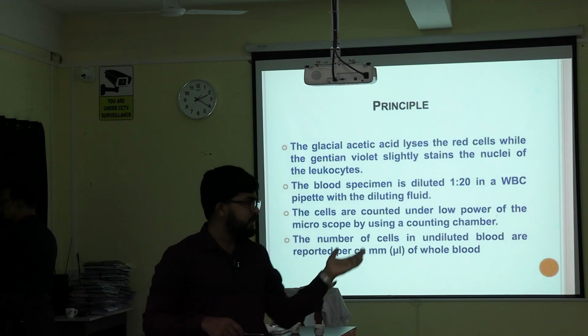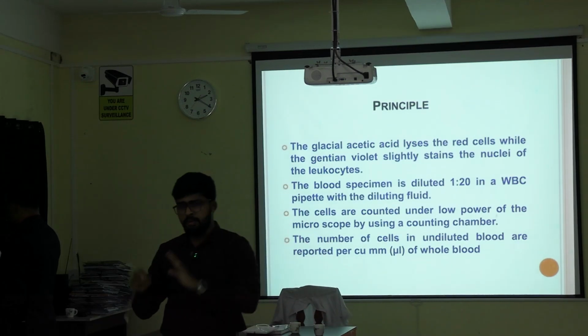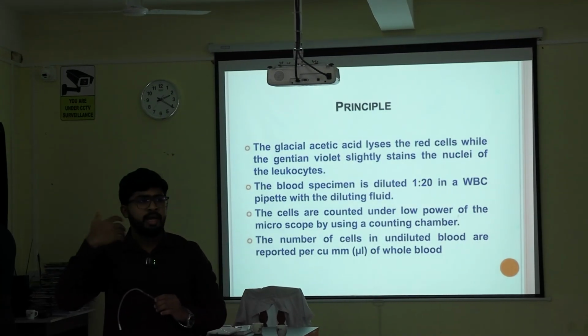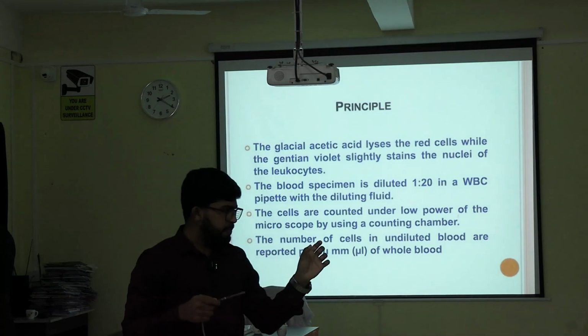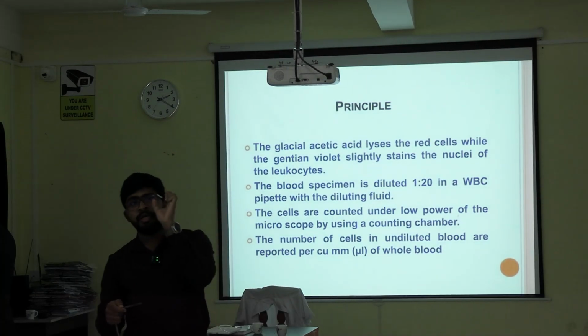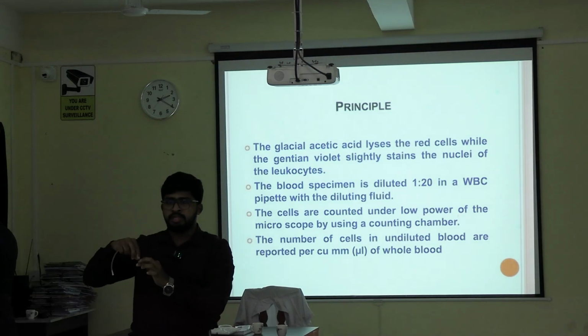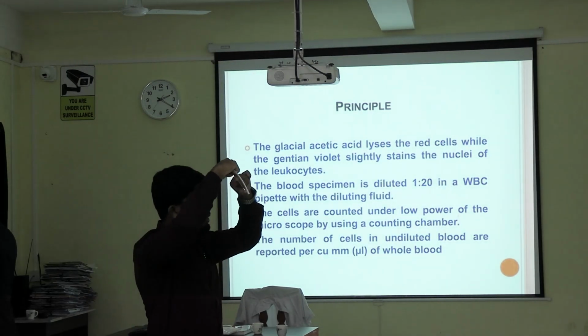Hence the dilution factor was 0.5:100 or 1:200. It's the same way in the WBC pipette, when you take blood till 0.5 and then you take dilution fluid till 11, there is 0.5 part of the blood present in only 10 parts of diluting fluid, because this one part of the fluid is basically not mixing with the blood.